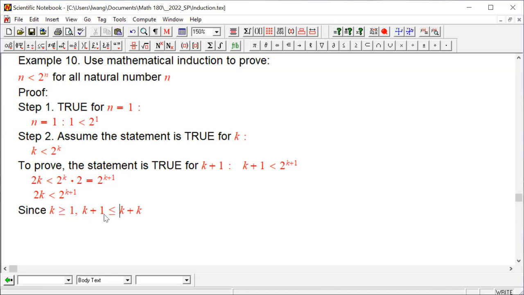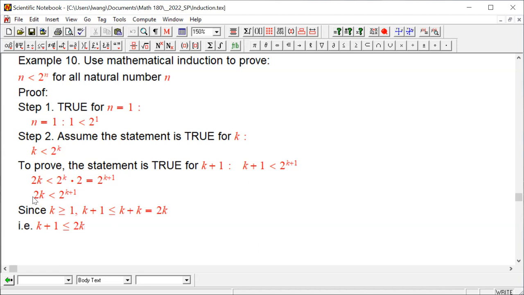I'm just replacing 1 by k. That means this is 2k, i.e. k plus 1 is less than or equal to 2k.